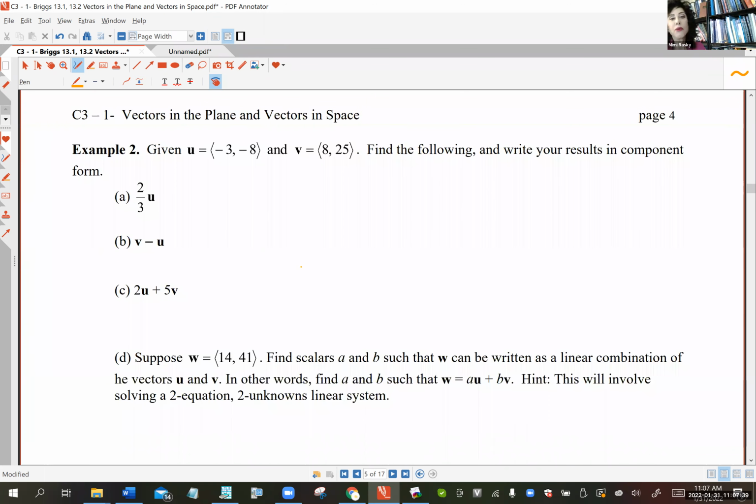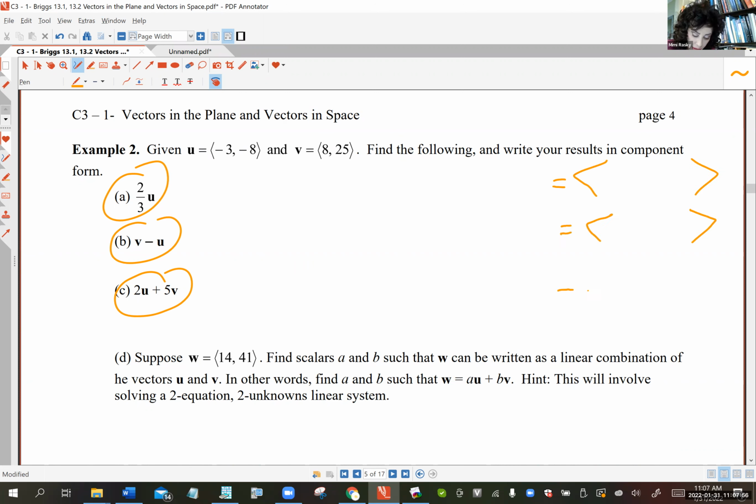I'm going to put you in breakout rooms right now, and you and your buddy are going to come up with what 2/3 u is, v minus u, and 2u plus v. For all three of these, the answer better involve angular brackets, and then a number, comma, a number inside the angular brackets.